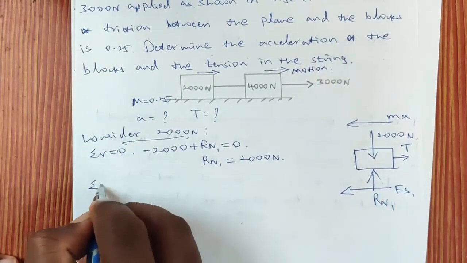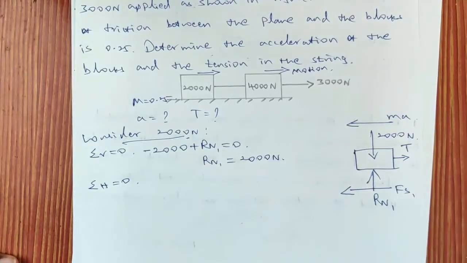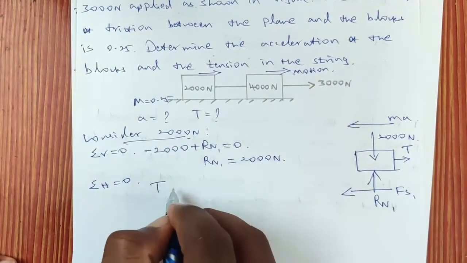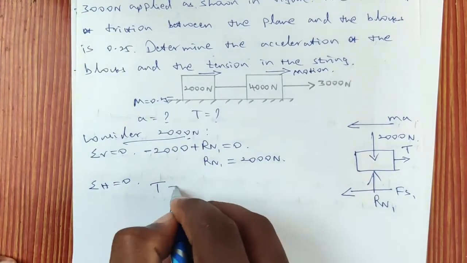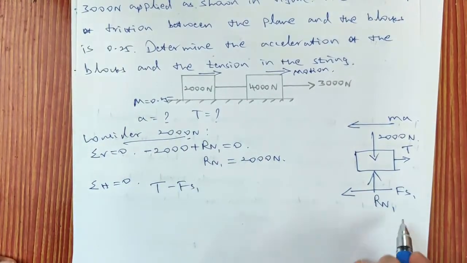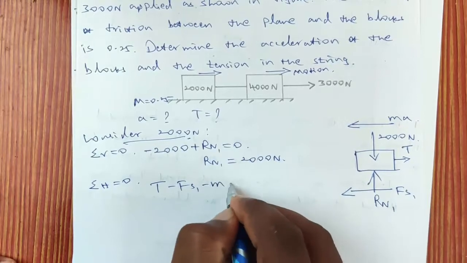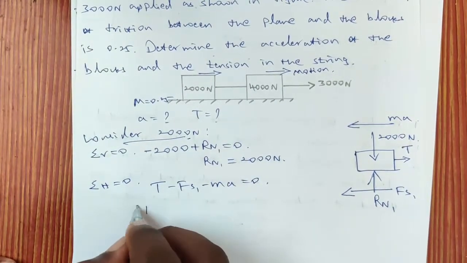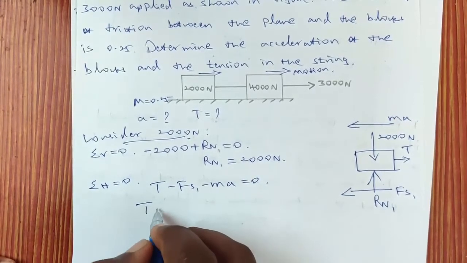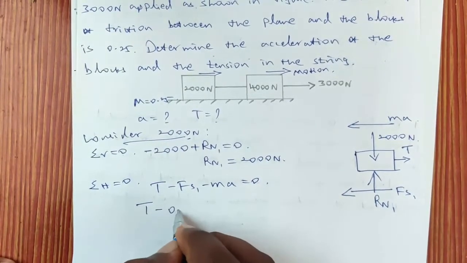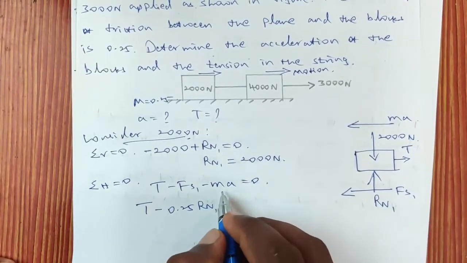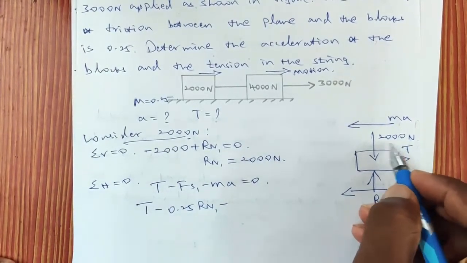Then summation of horizontal forces is equal to 0. The T is acting towards right side, so it is plus T minus Fs1, then minus MA is equal to 0. So we'll substitute the value of Fs1 and MA. It is T minus 0.25 Rn1 minus the mass value. So here actually the weight is given 2000 Newton.